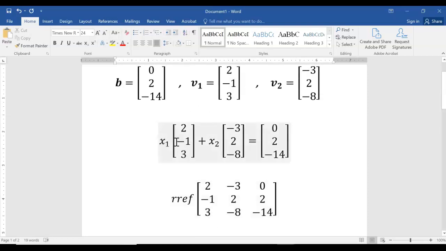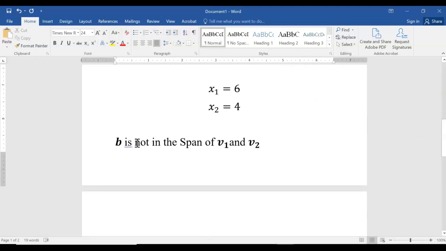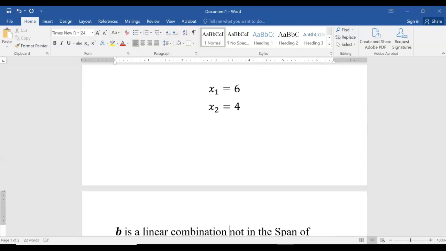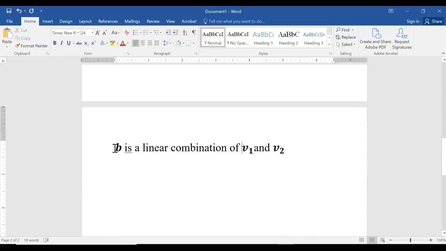Since a solution exists, that means this B is a linear combination of these two vectors. So B is a linear combination of the two vectors because we could find a solution.